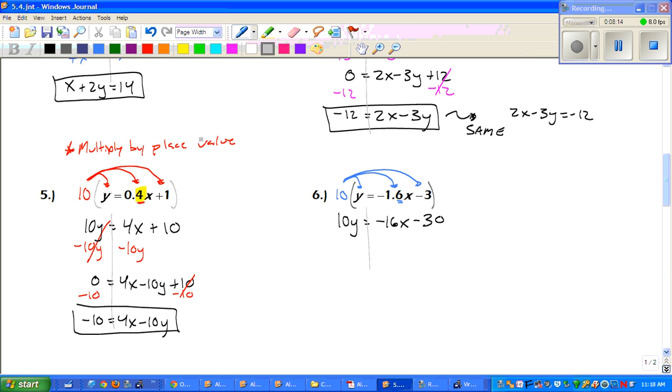All right, what should we move? Okay, we should move the x because it's negative. And then we get 16x, that's a positive 10y equals negative 30. All right, not too bad, right?